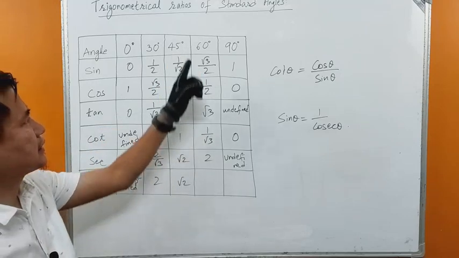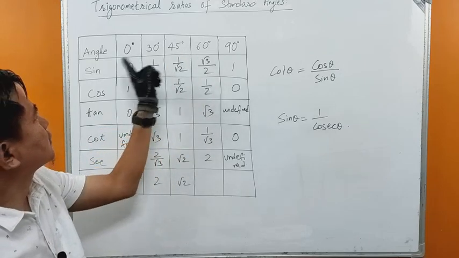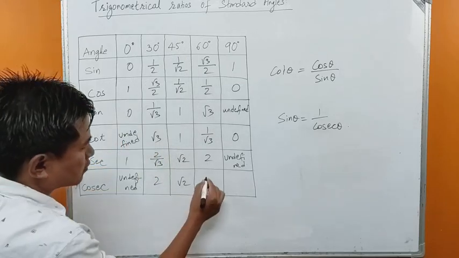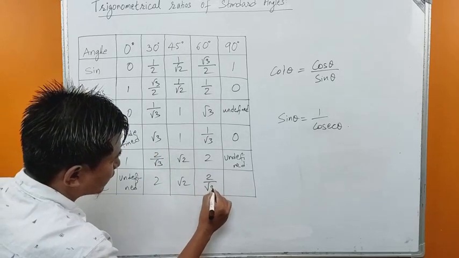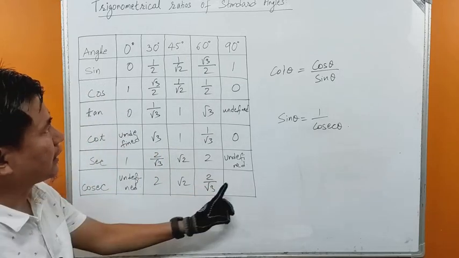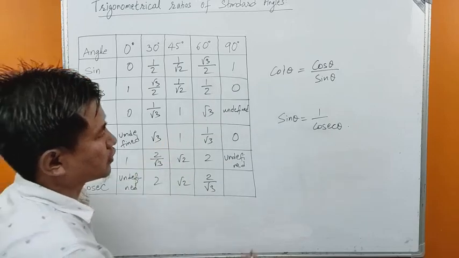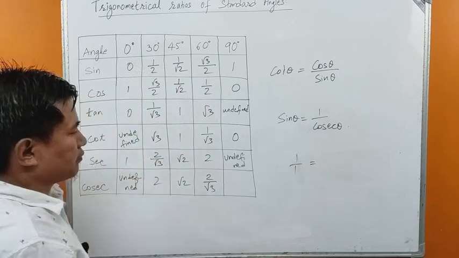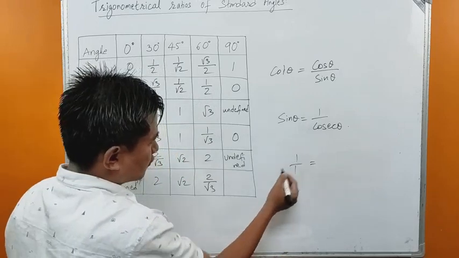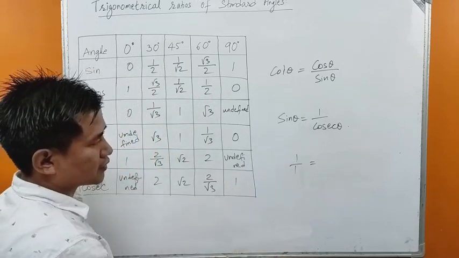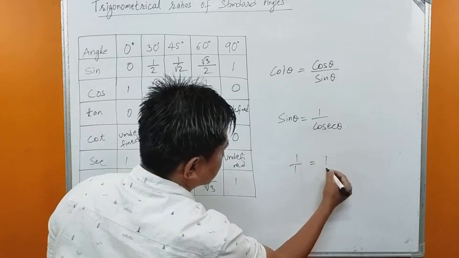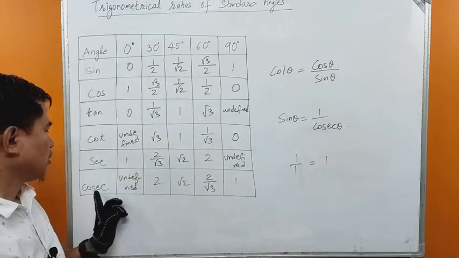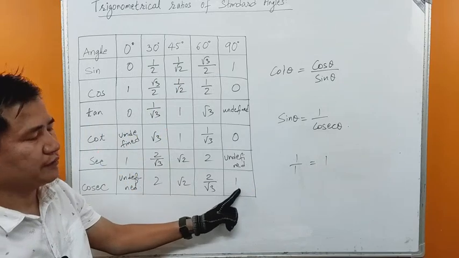Similarly, cosec 60 degree, we have sine 60 is root 3 upon 2, so this becomes 2 upon root 3. Now cosec 90, sine 90 is 1, which means 1 upon 1. We just find the reciprocal of 1 upon 1. 1 upon 1 is 1, so cosec 90 degree is also 1.